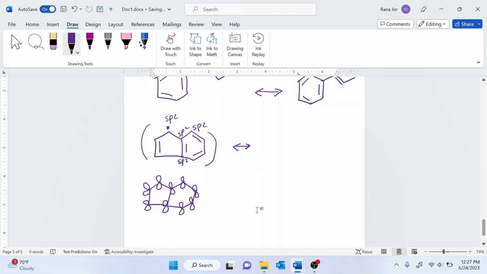An sp2 carbon has 3 sp2 sigma bonds, and it does have a p orbital. That p orbital has 1 electron. These two overlap and make a pi bond. So every p orbital has an electron in there, and this is the definition of conjugation.